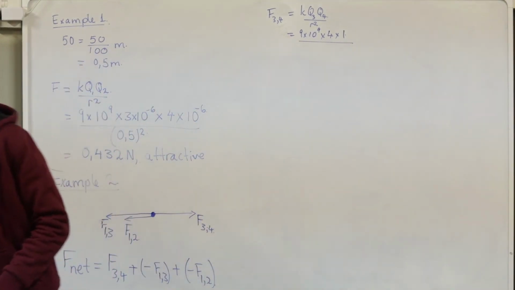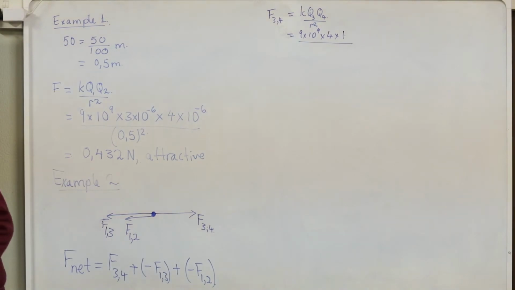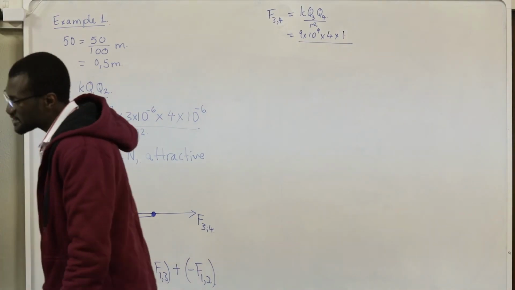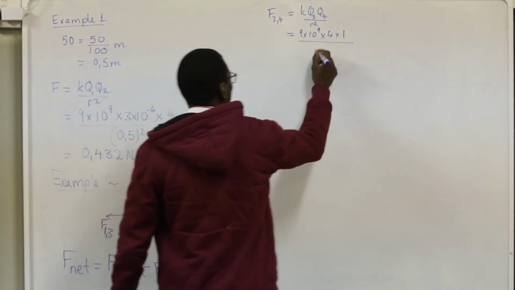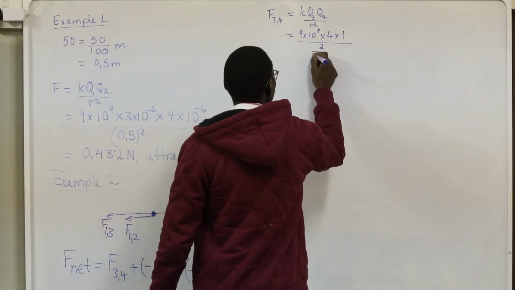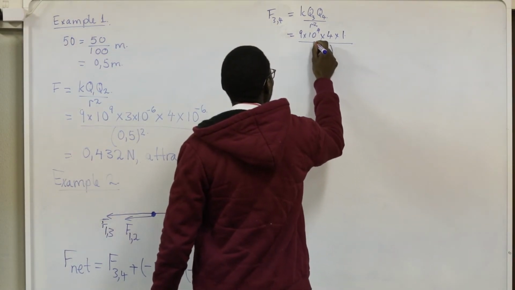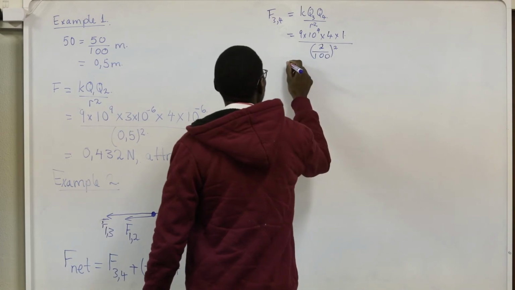So what am I going to do? I'm going to convert that 2 centimeters into meters. How do we convert centimeters to meters? We divide by 100. 2 over 100, and this is squared.